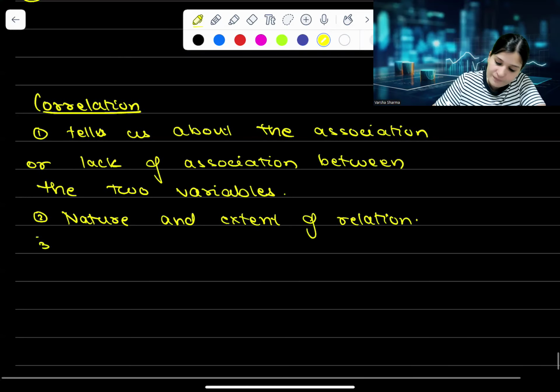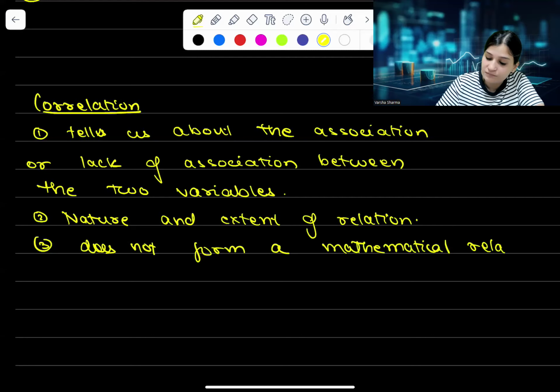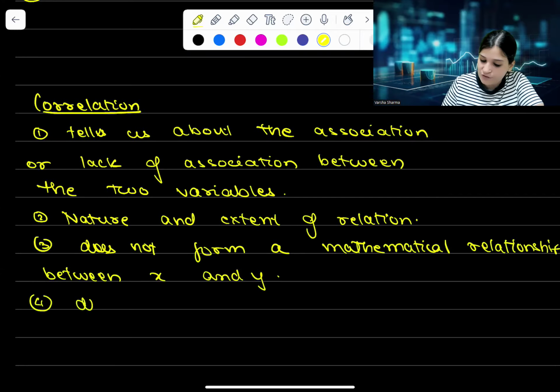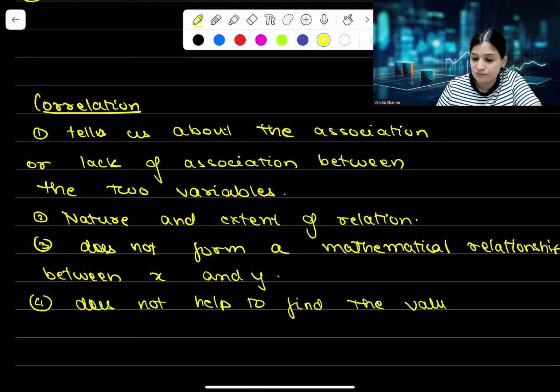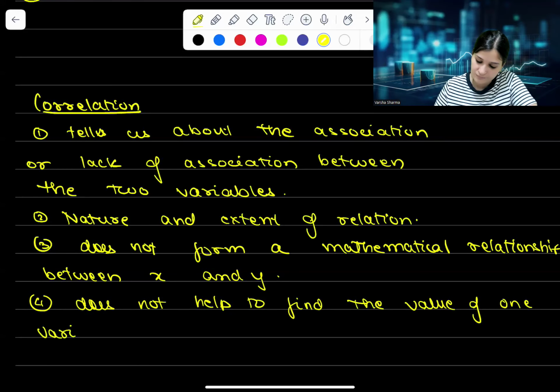So the third drawback: it does not form a mathematical relationship between X and Y, and does not help to find the value of one variable when the value of the other variable is given.